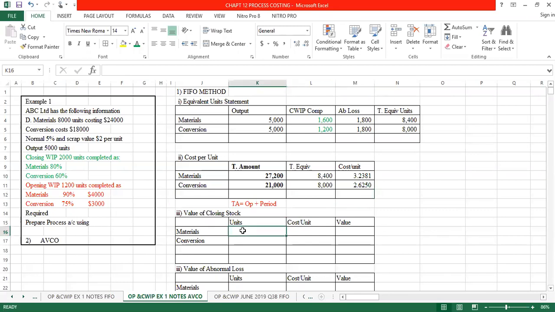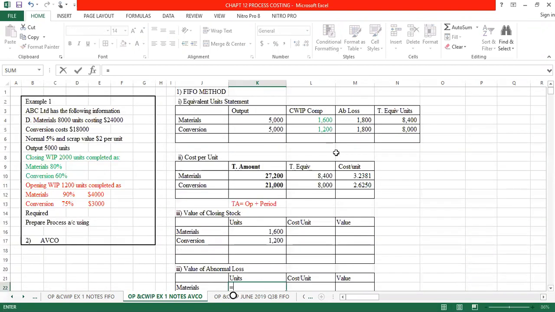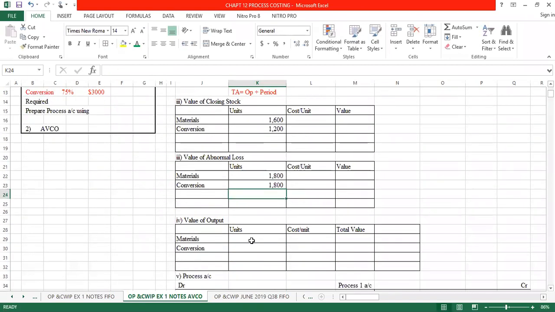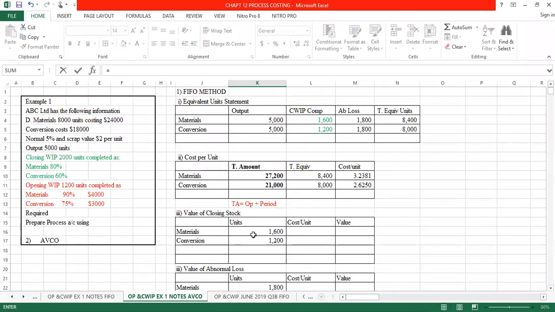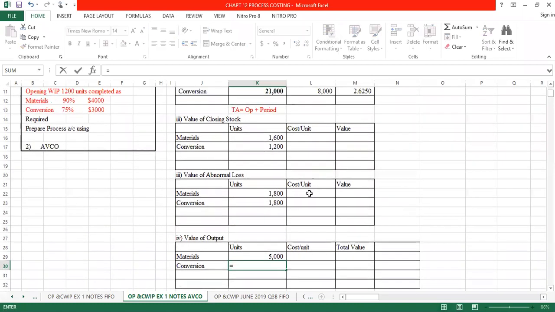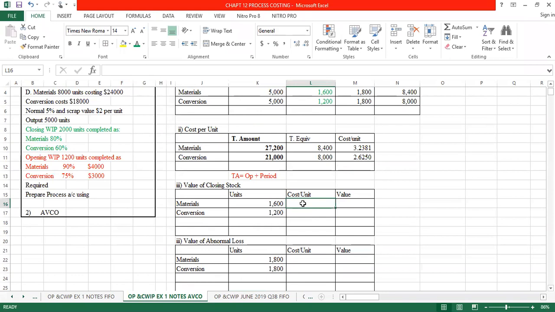Now, what are the units of closing stock? Units of closing stock is that and that. What are the units of abnormal loss? Abnormal loss units are that and that. What is the value of output units? Value of output units is units. Okay, let us also transfer the cost per unit. Cost per unit is this.